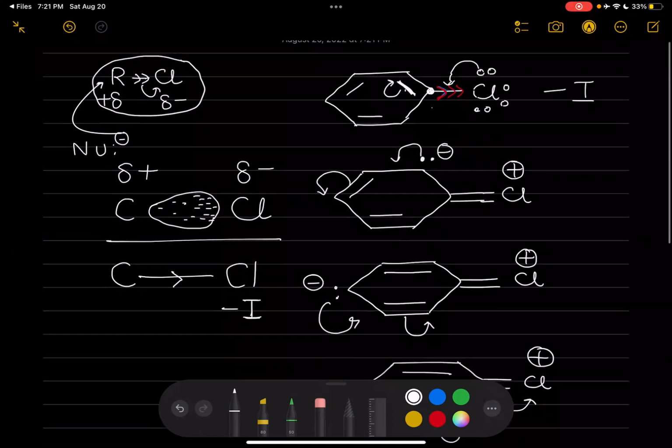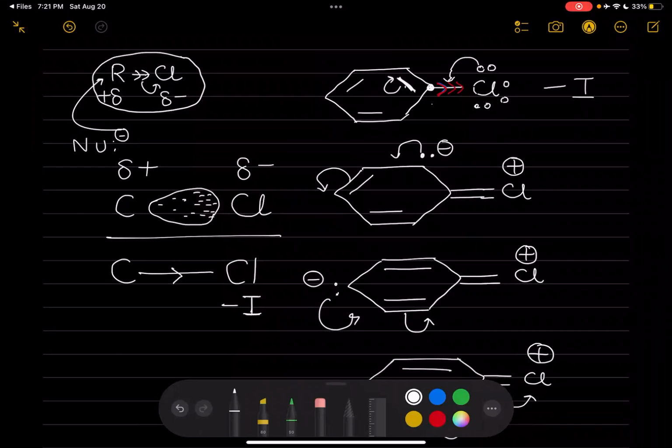Sir, can you explain again from the inductive effect? I didn't understand from there. Yeah, this is the electronegative atom. Non-metals are electronegative, so they have a tendency to accept electrons. So if you have Cl, to whomsoever it is bonded, though it is a covalent bond, it will have a tendency to pull electrons towards itself.